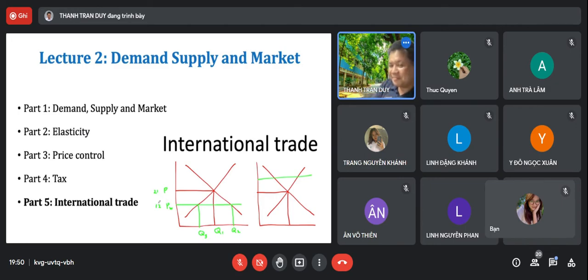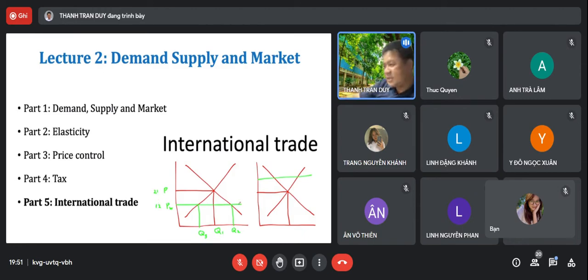smuggling. You know smuggling? Buôn lậu. You know that one? And because now the government restricts smuggling activity, we therefore lack supply.